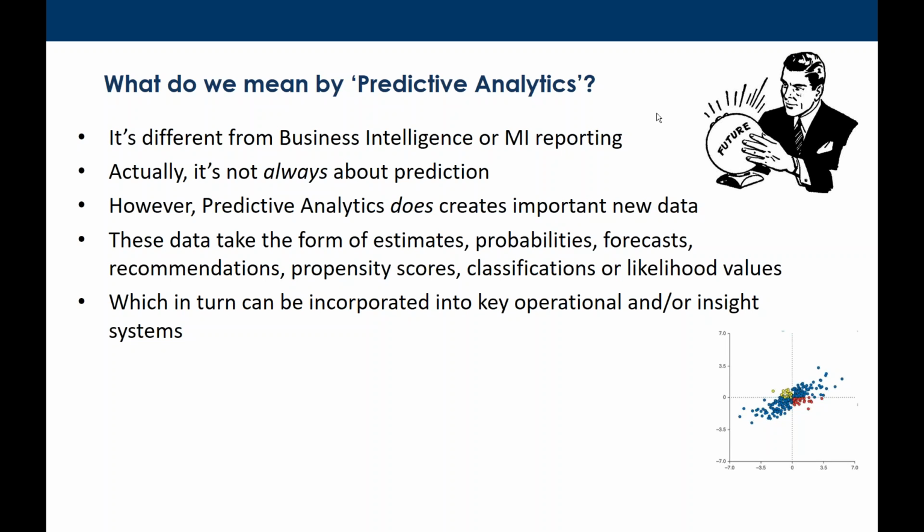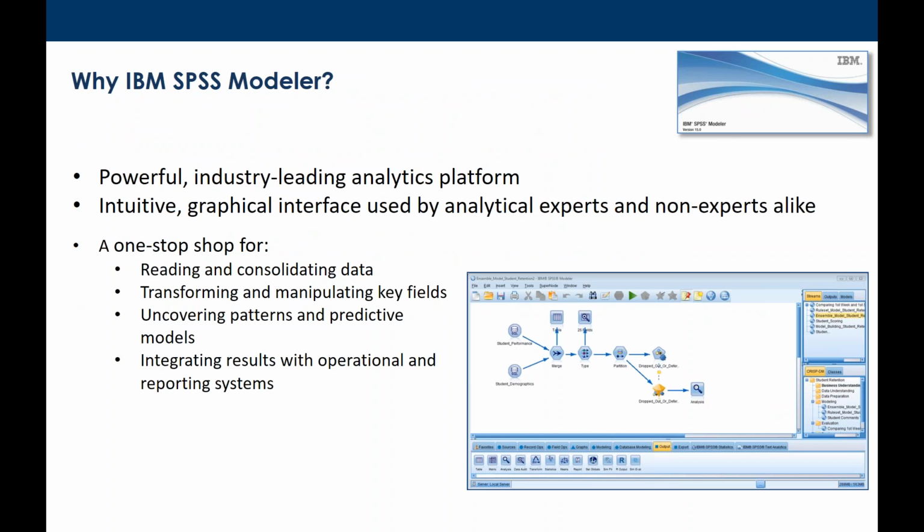There's no reason why we can't take the results of a model and incorporate that back into it. And it's one of the things that we try to encourage our customers to do, because it's a way of us showing the results of a model and surfacing that to stakeholders and to key decision makers within the organization.